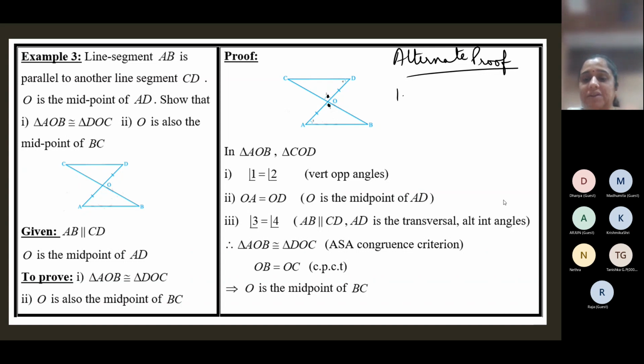So the alternate proof, children. Now supposing you mention this angle.